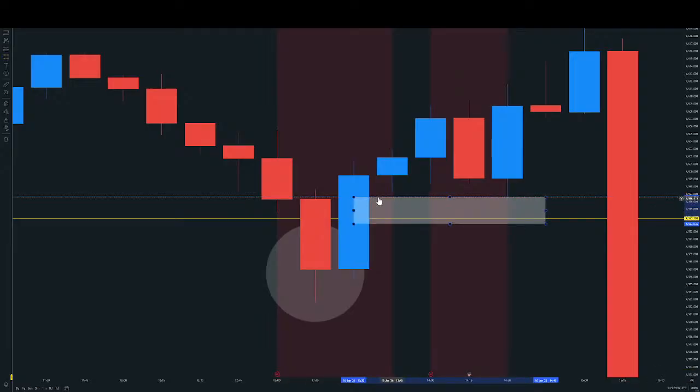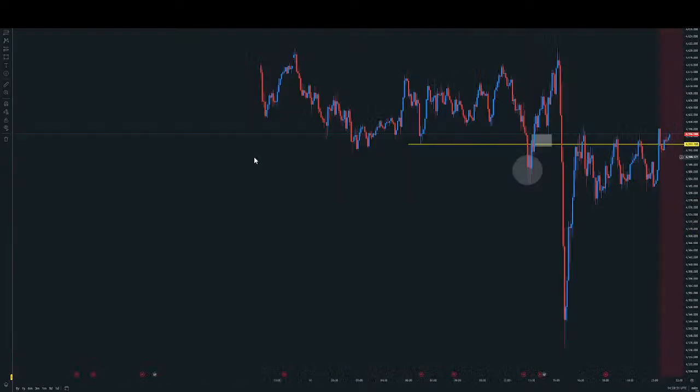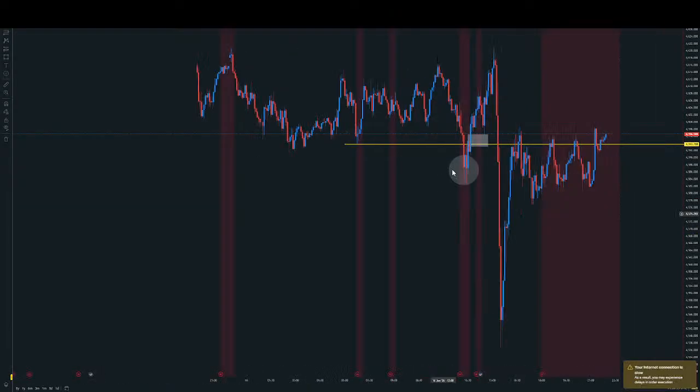How do we know that there's a fair value gap? Because this candle has not fully closed down. If you go to a smaller time frame, you will find the fair value gap. Let's go to the 5 minutes time frame and look for the fair value gap for the sake of this tutorial.